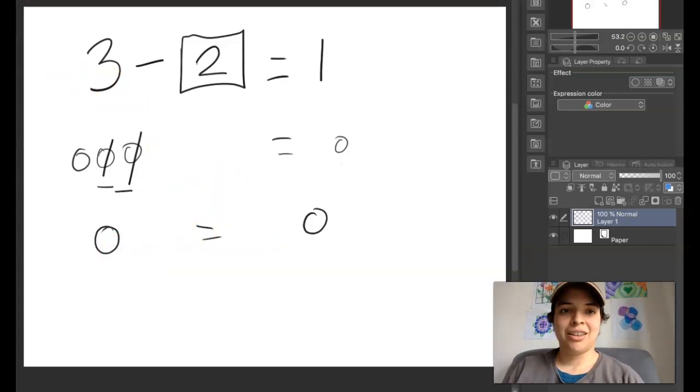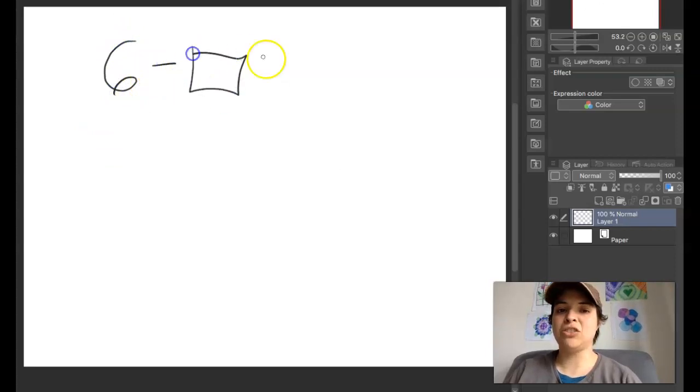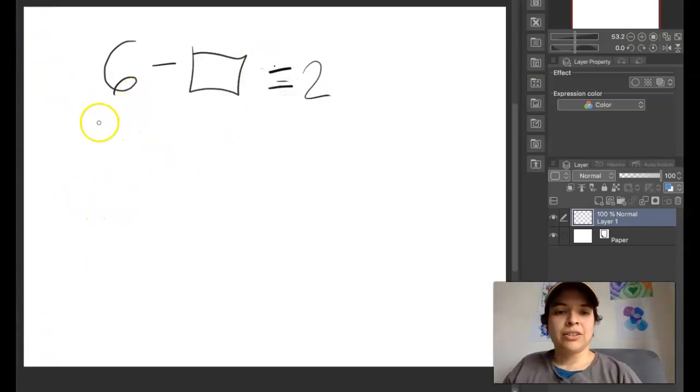So let's do one more super quick. What if I give you 6 minus a mystery number is the same as 2? So if we look at both sides of this equal sign, we know on this side we have all the information we need for that side. We know it's 2.